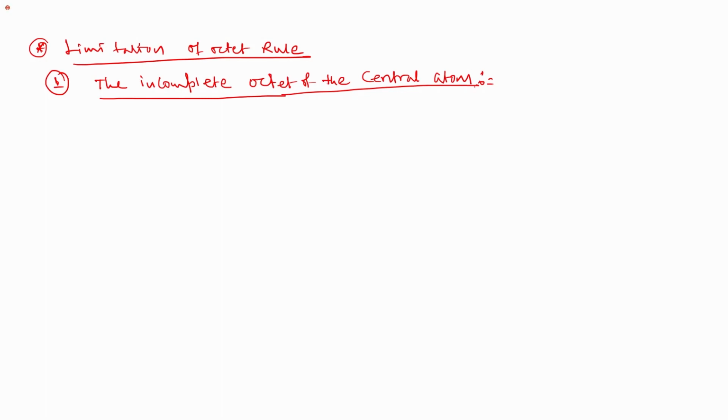So what is happening here? Taking an example, suppose LiCl. In this LiCl, there are 2 electrons present between lithium and chlorine. Suppose lithium is the central atom.